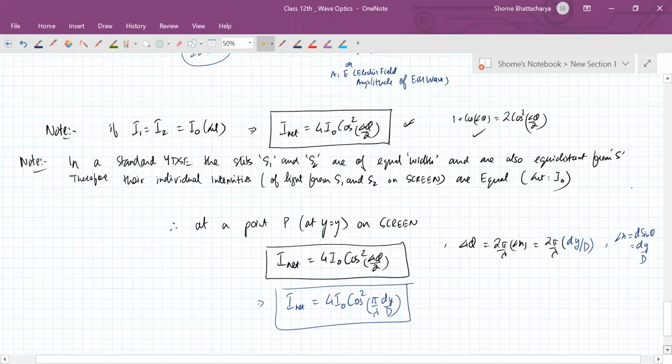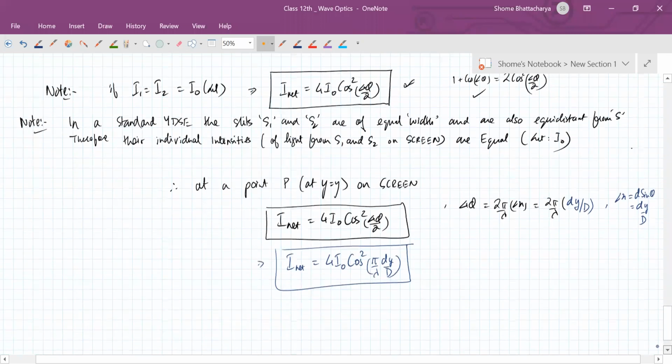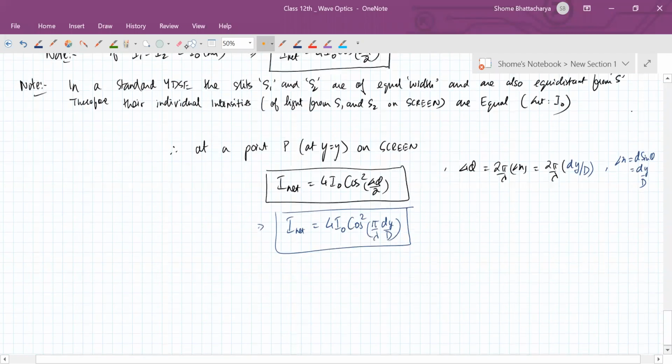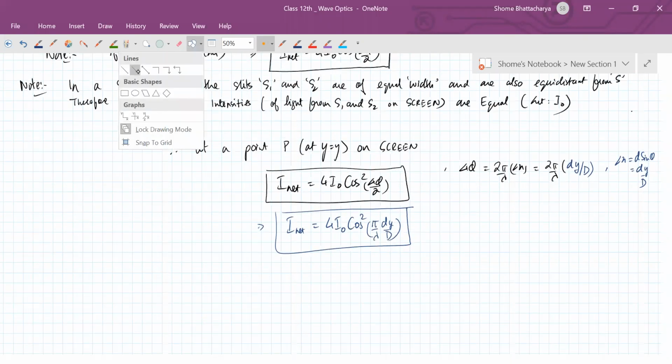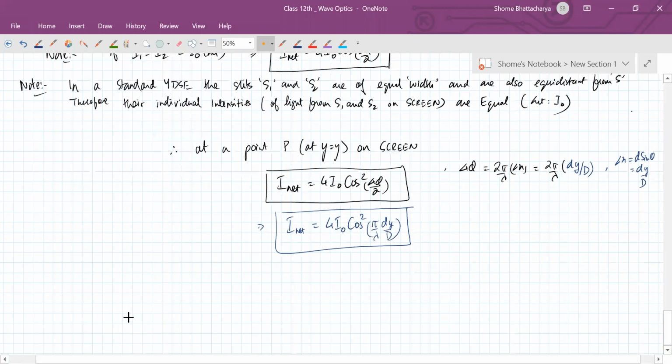so it varies continuously. So if you look at the variation of intensity with the position, so let's say I'm picking out the y coordinate versus intensity of light like this. This is where the central maxima is. So that intensity will be a cos square graph.